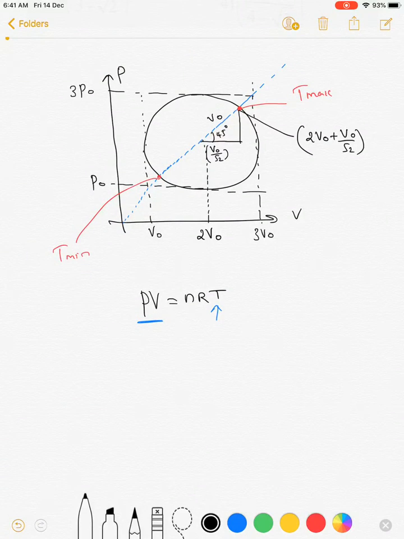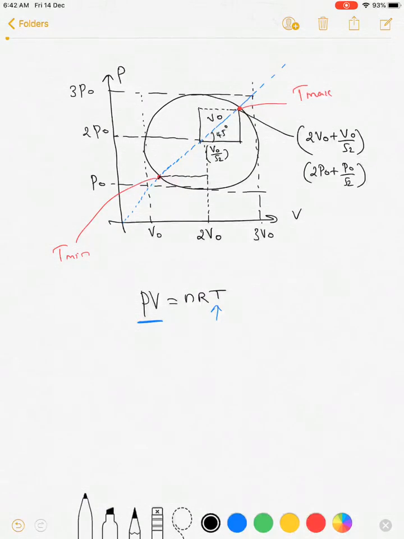Like that we can write its y coordinate by using the same method. The value of V naught and the value of P naught are the same. So its y coordinate is 2P naught plus this distance, which is P naught cos 45, so the y coordinate of this point is 2P naught plus P naught divided by root 2. By using the same idea, we can find the x coordinate of this other point.